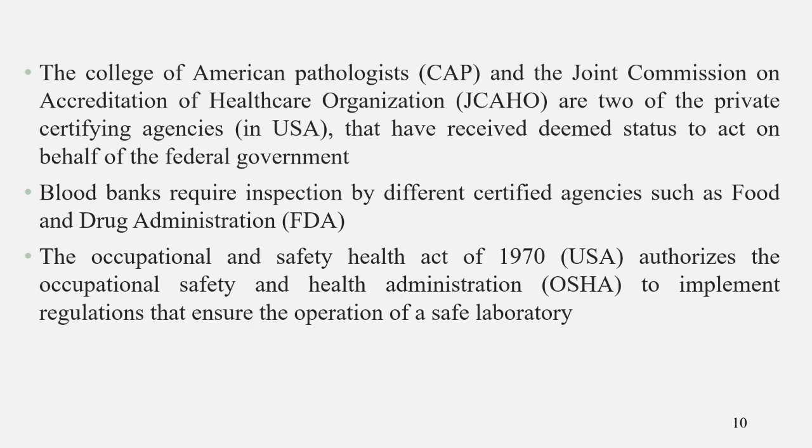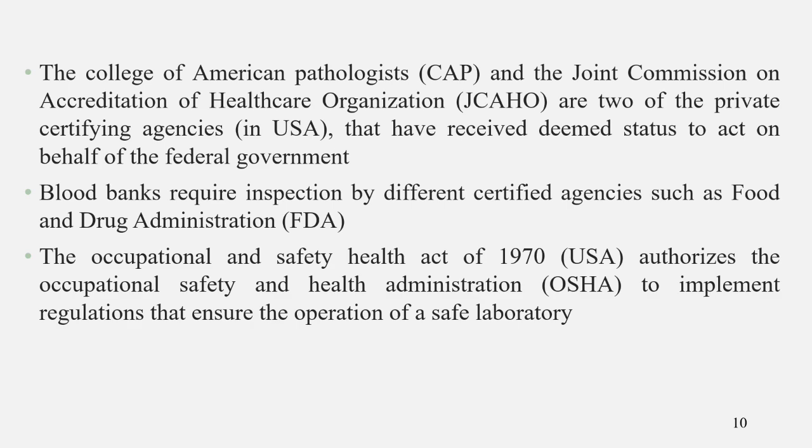The College of American Pathologists and Joint Commission on Accreditation of Healthcare Organizations are two private certifying agents that have received deemed status to act for the federal government. Blood banks require inspection by certified agencies such as the Food and Drug Administration.